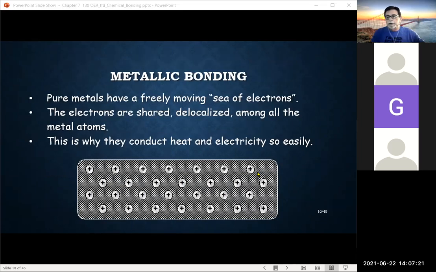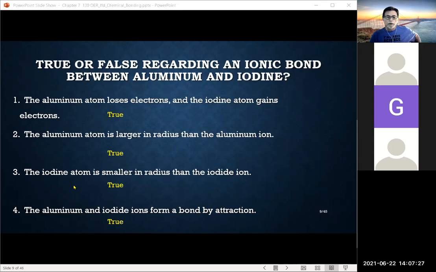Professor, I have a question. Sure, go ahead. Could you repeat again why number 3 is true? Number 3? Okay. Yes. Let me draw it here maybe. We have the iodine. I don't want to draw all of these, but I'm just going to draw the outermost shell.